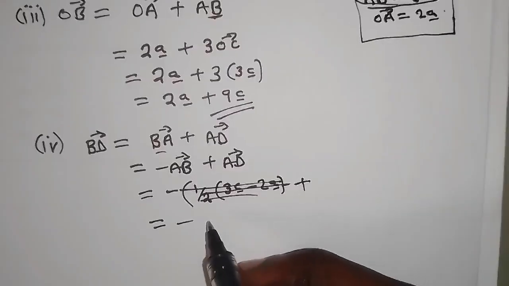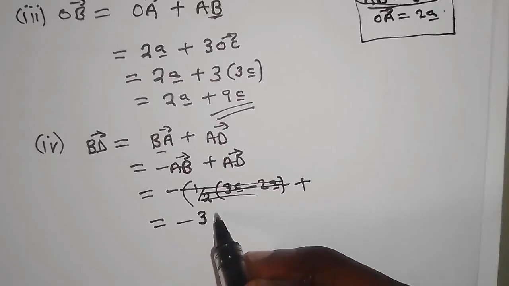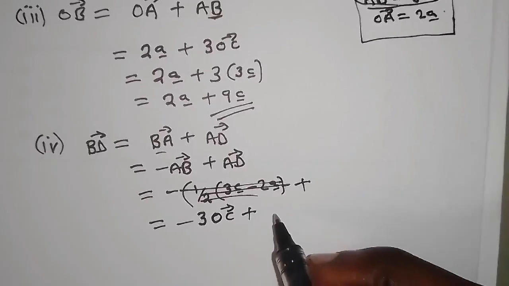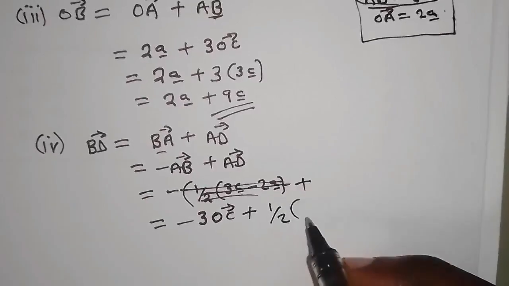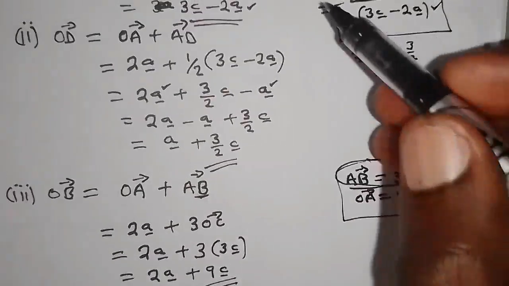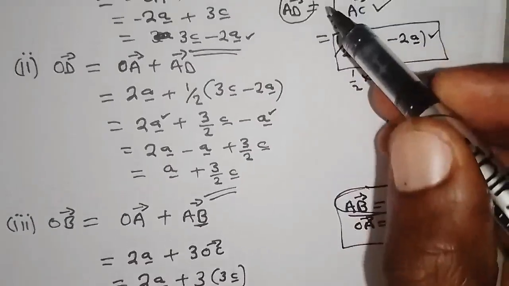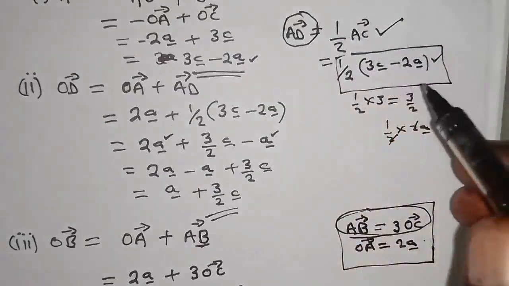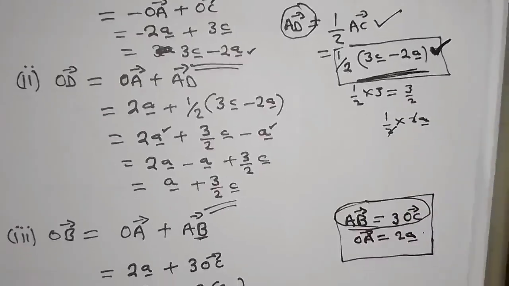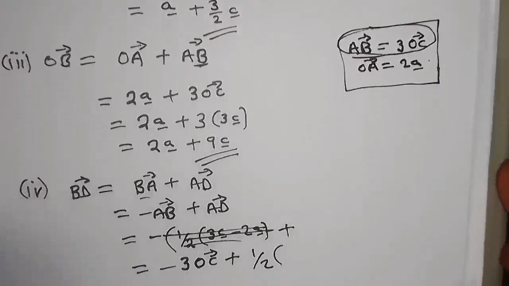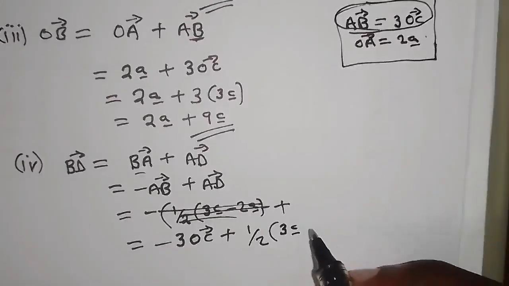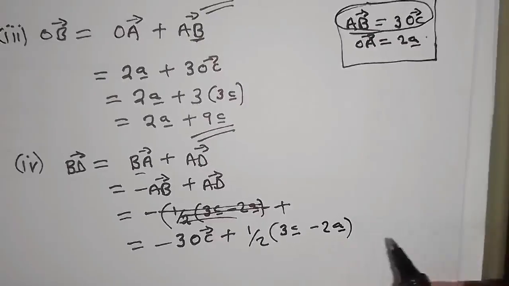Negative of 3OC plus, then our AD is just half of this one, which we found. That's what I'm getting for AD. So I'm just replacing, which is just 3C minus 2A.